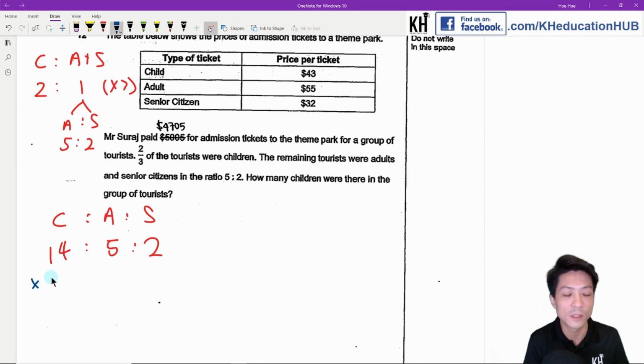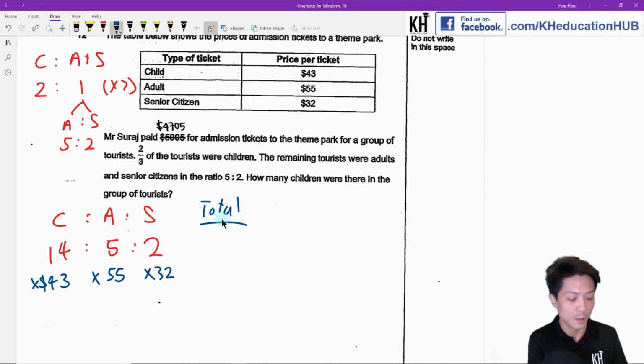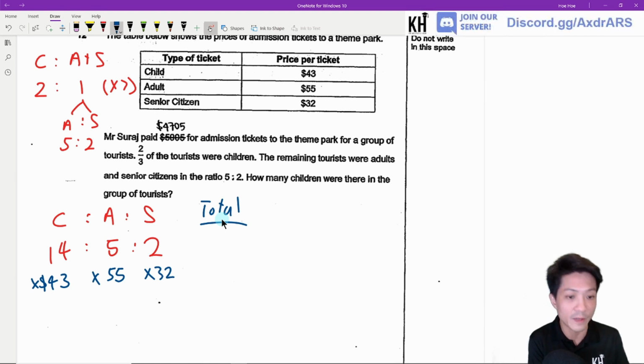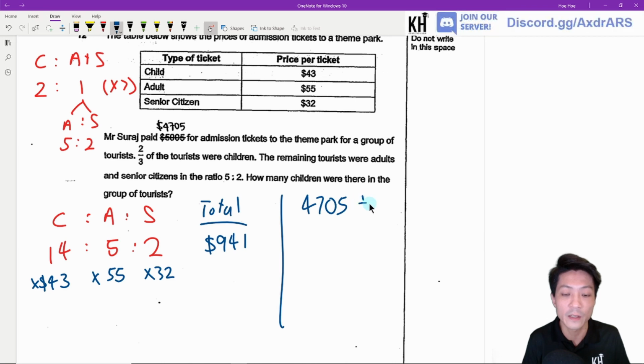So 14 times $43, 5 times $55, and 2 times $32. Find the total. 14 times 43 plus 5 times 55 plus 2 times 32 will give you 941. So this is the total for one group. The next step will be to find out how many groups using 4,705 divided by 941.